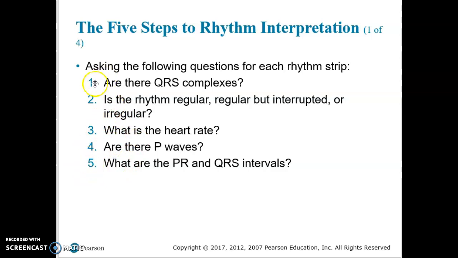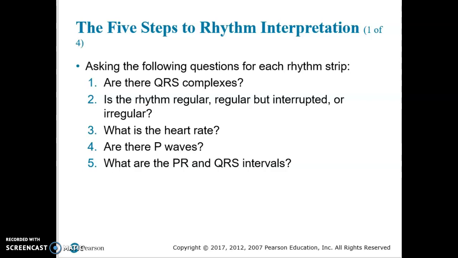This is probably the most important thing that I'm going to go over, that you will use when you are determining what type of rhythm you are looking at. If you don't learn these 5 steps, if you don't use these 5 steps, you're not going to be successful in this class. So please make sure that you understand and remember these 5 steps.